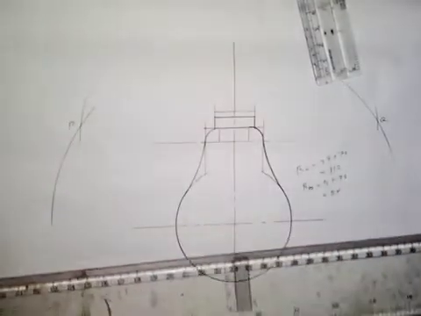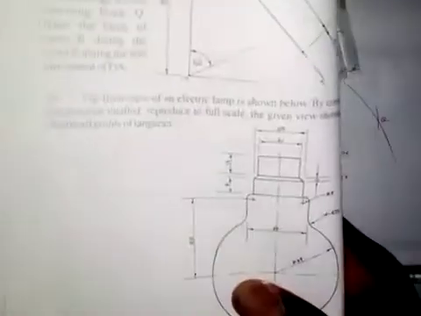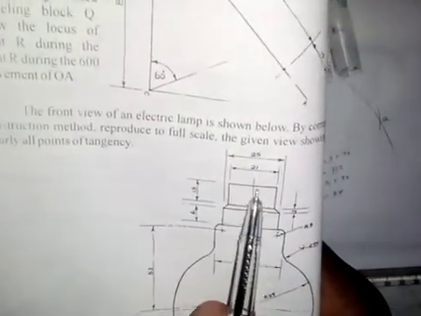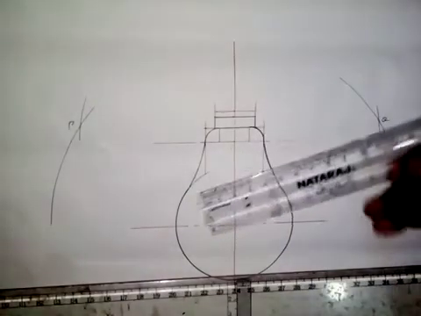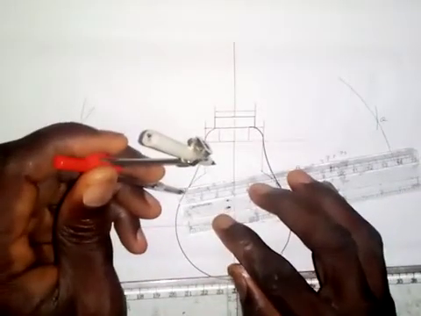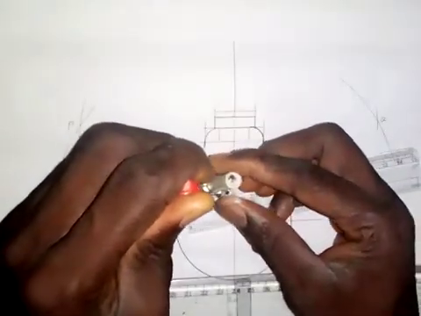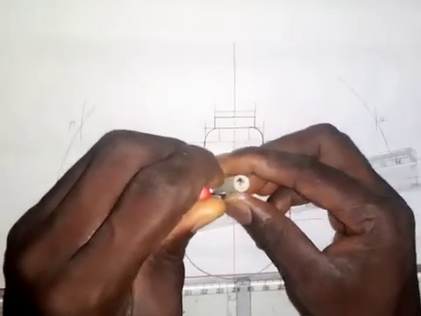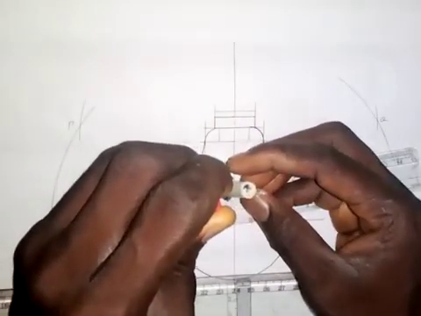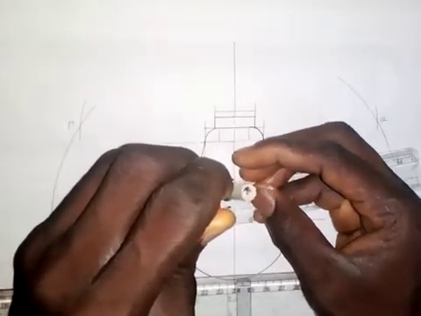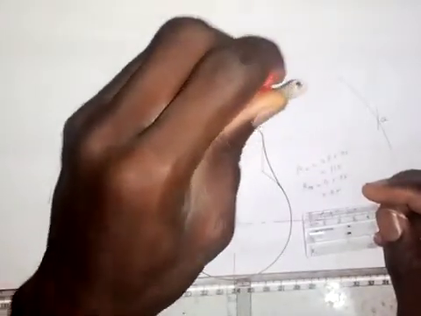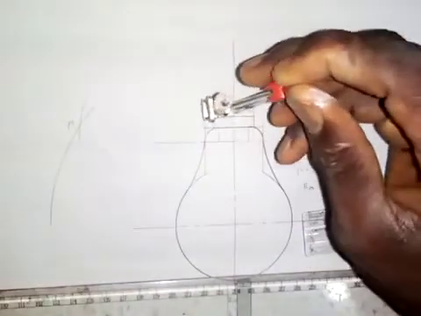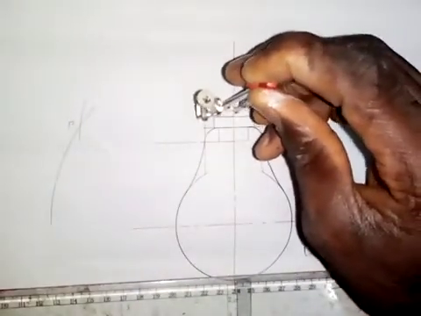So then, as we have here, this distance from here to here is 21 millimeters. So 21 divided by 2 will give us 10.5 millimeters. So I will take 10.5 millimeters using my compass. So I'll put it here and make an arc here. Then I will also make an arc here, like this.